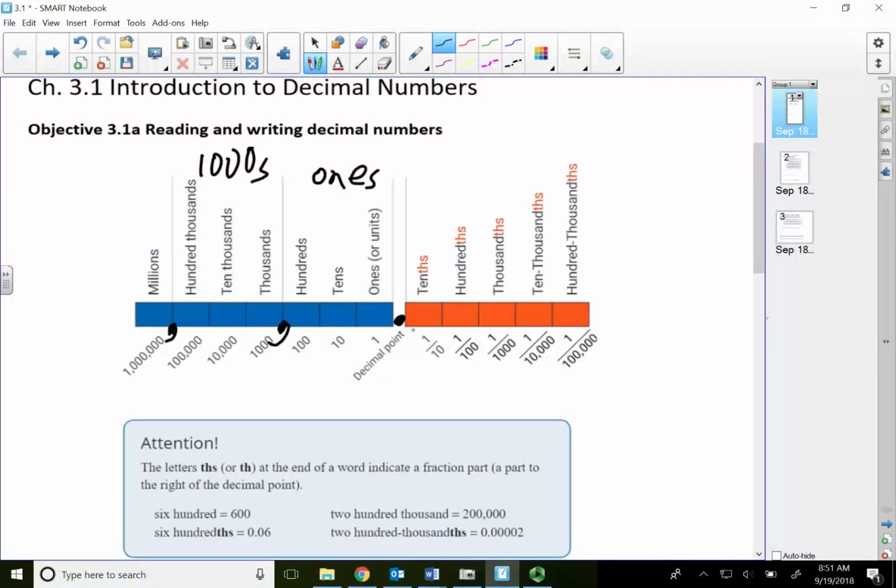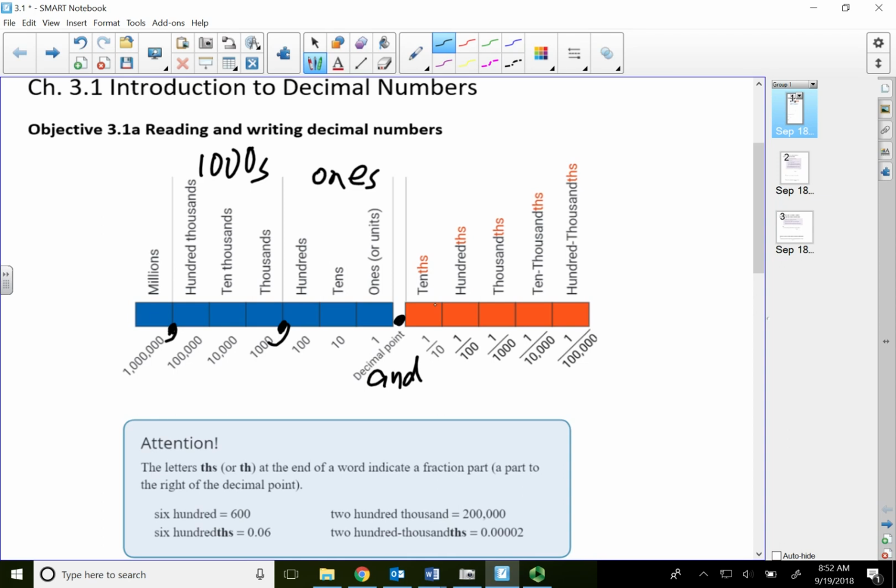Now, when we read decimals, the decimal point is actually the word "and." That's where the word "and" is located; "and" is the same as the decimal. Behind the word "and," the first place behind the decimal is the tenths, with the S at the end.